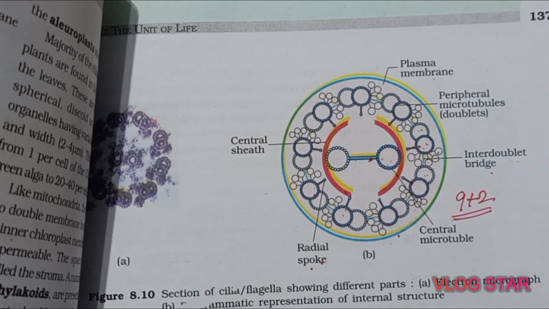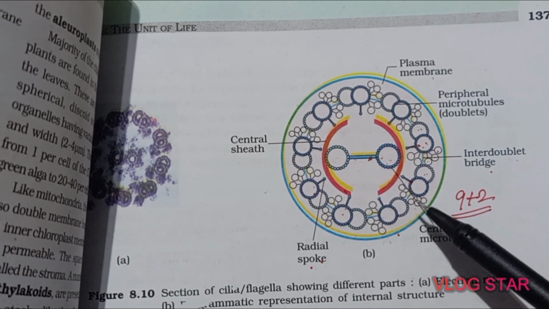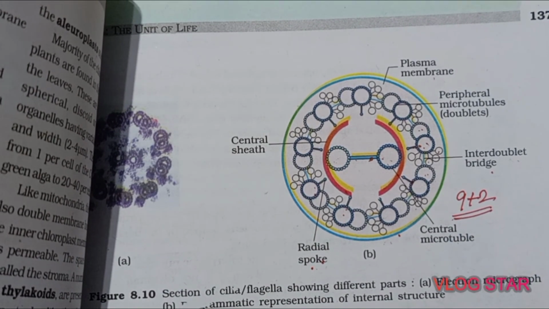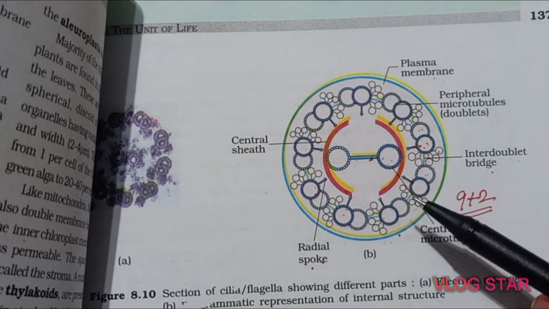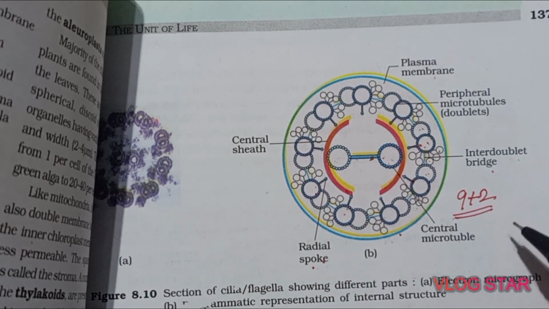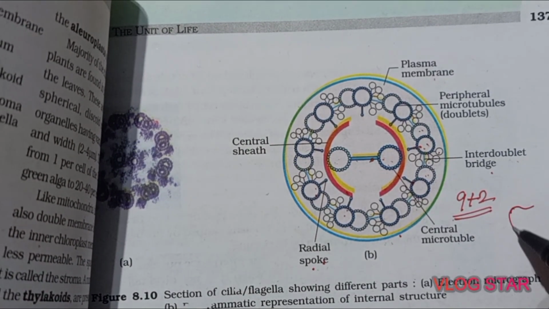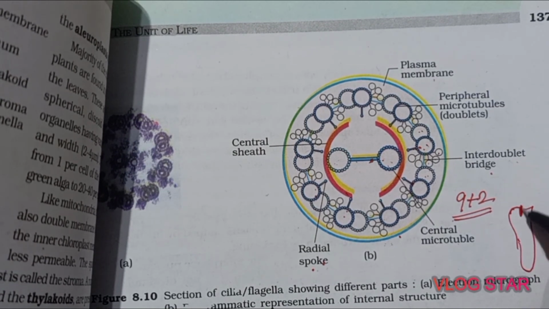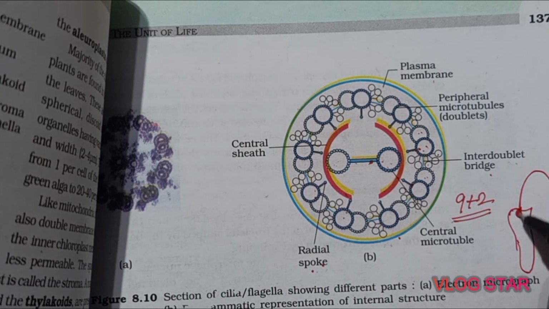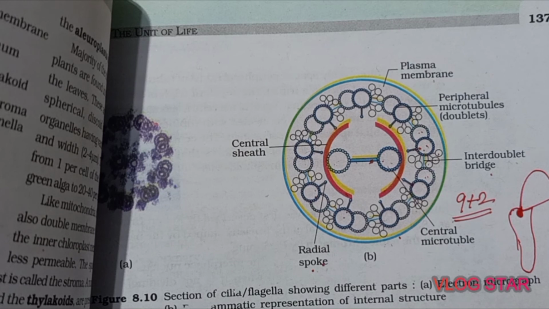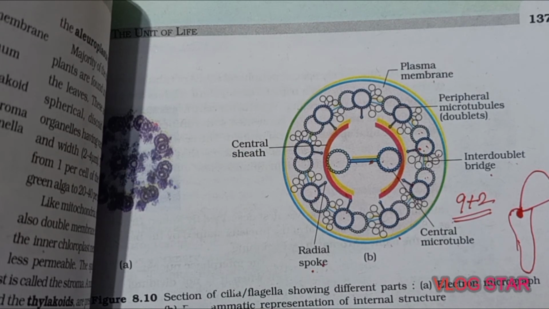Okay. So, these cilia and flagella actually emerge from a centriole-like structure, which is called the basal body. That basal body is present inside the cell, and that basal body will give rise to cilia or flagella. How? Like if it is the body of Euglena. Okay. So, the point from where this cilia or the flagella arises is called the basal body. Basal body. Fine.